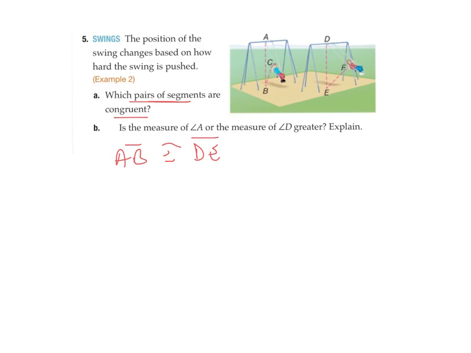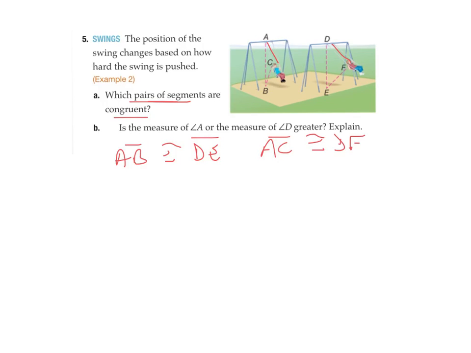That one's pretty simple. The second one depends on making sure that the children are the same size in height. If they're the same size in height, then AC must be congruent to DF. The distance from the frame to the child should be the same.